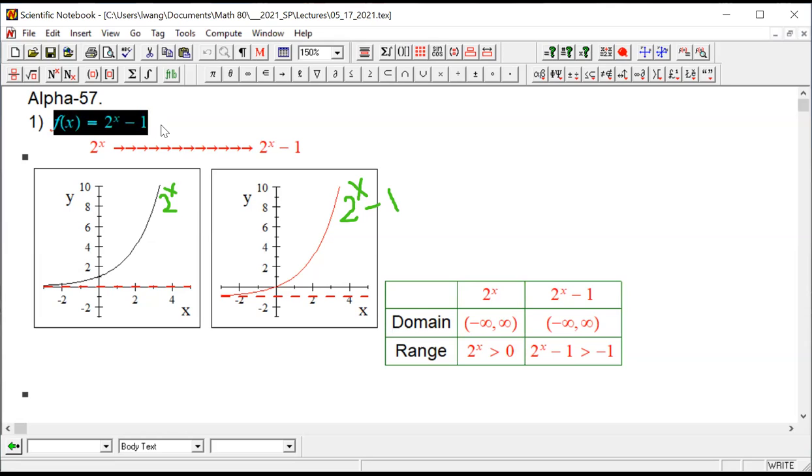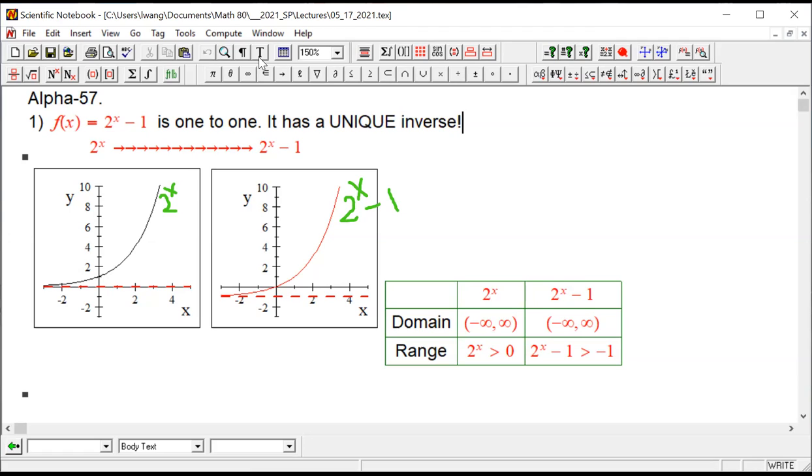So this function indeed is 1 to 1, because it passes both the vertical line test and the horizontal line test. And thus it has a unique inverse. It has only one inverse, so let's find it.